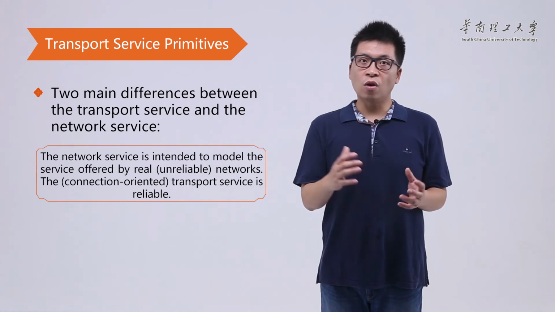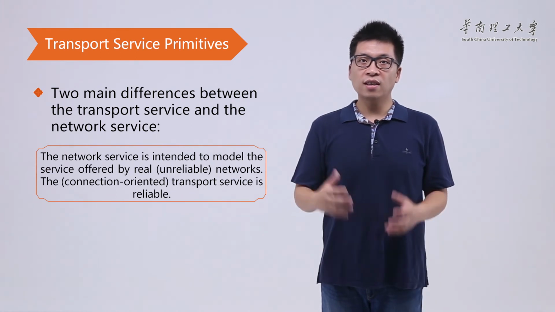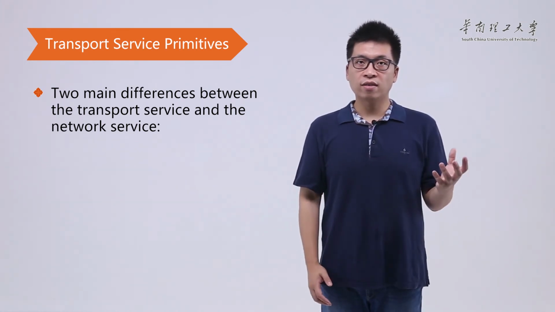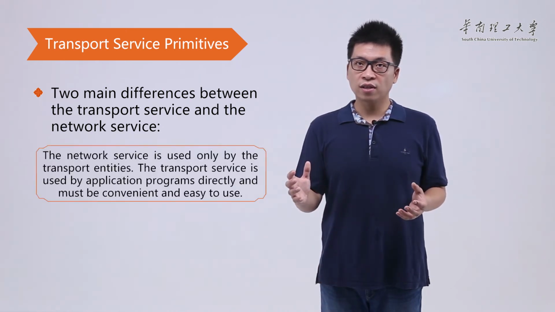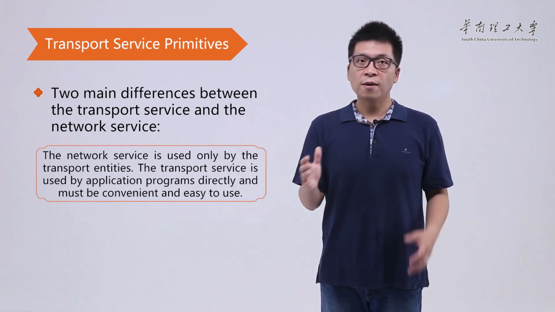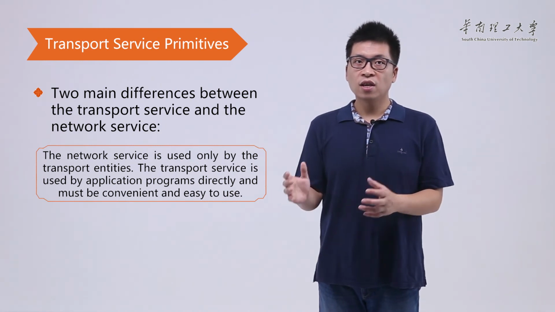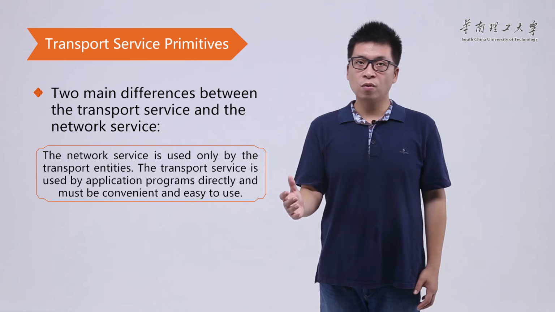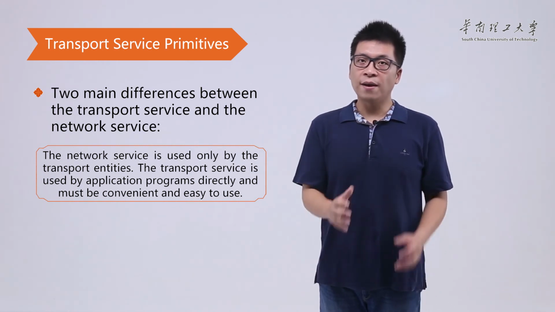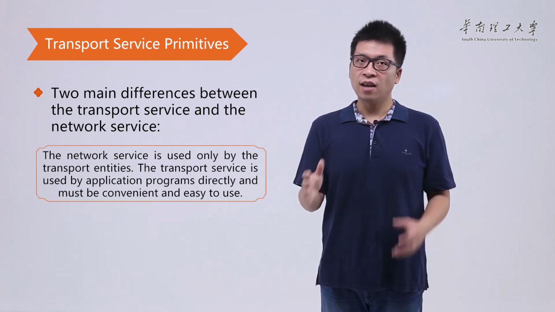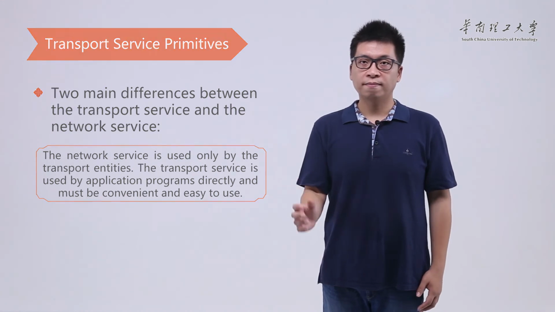The connection-oriented transport service is reliable. Second difference: the network service is used only by the transport entities. The transport service is used by application programs directly and must be convenient and easy to use.